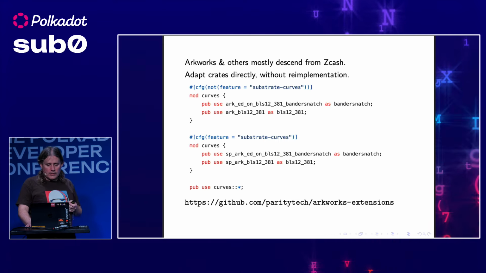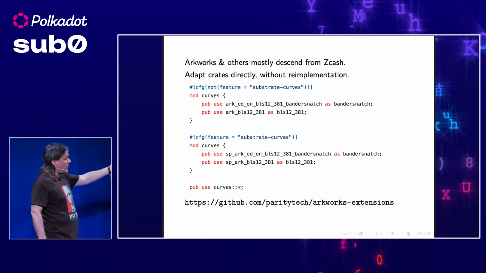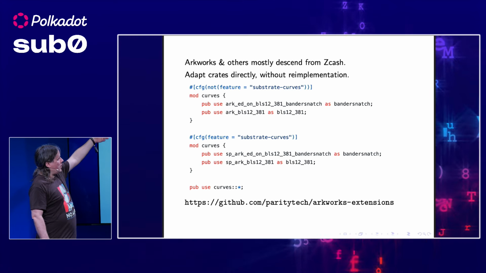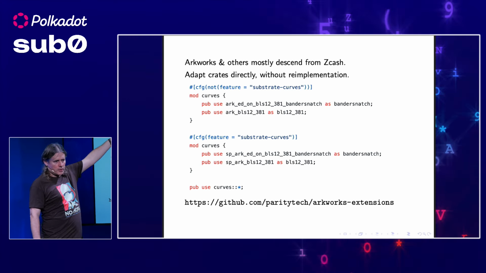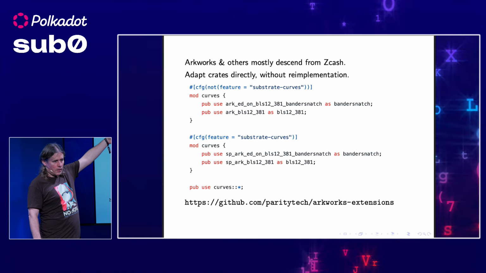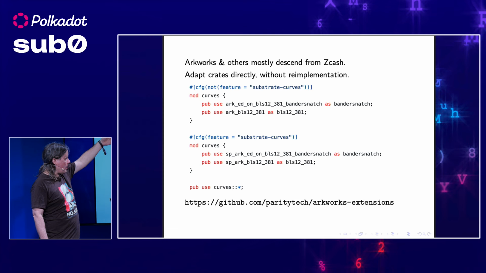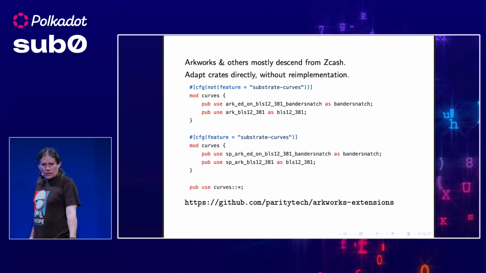And in particular, this is the slide I really wanted to show people. We can even simplify it from this, but at the moment, all we really have to do is, when compiling for native code, we use the curve crates from arkworks directly, and then we have some modified ones that plug in the host calls for these things.